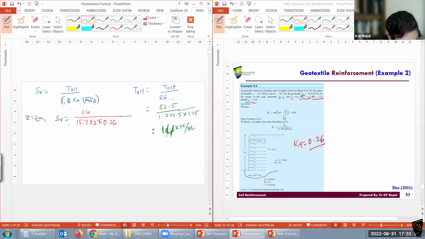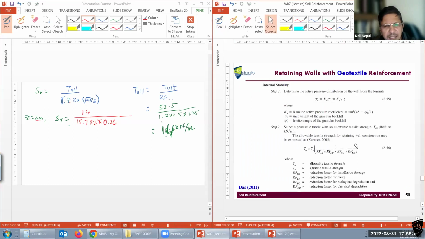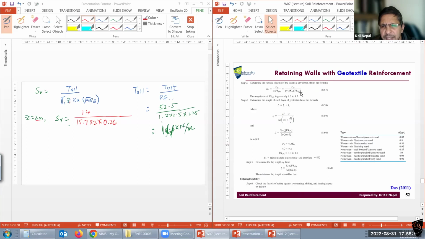Let's go back and have a look at what they recommend for the factor of safety for breakage. They say the magnitude of FB is generally 1.3 to 1.5. Let's use 1.5 to be on the safe side.